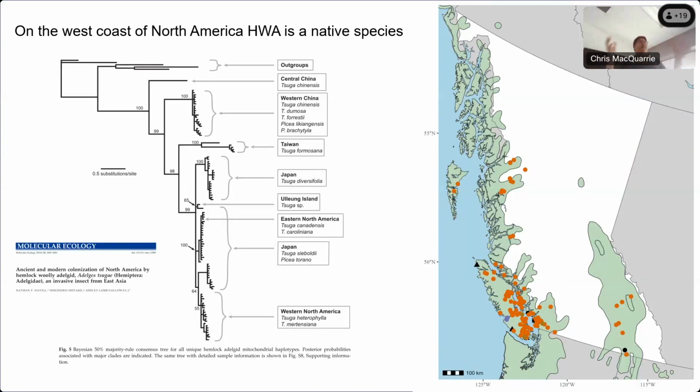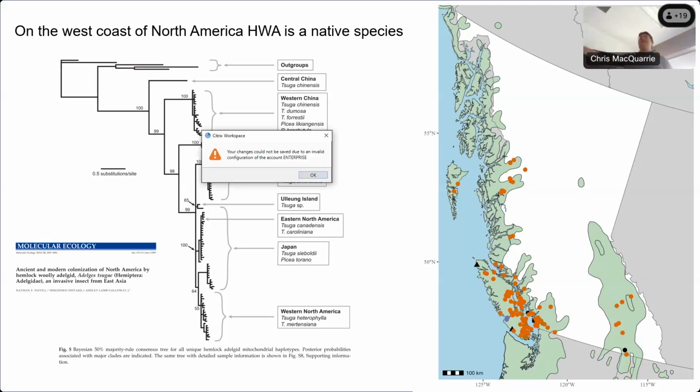There was a land bridge, climate was warmer, and hemlock spread across that whole Pacific rim. And during that time, hemlock woolly adelgid spread from Asia to North America. Climate changes, the land bridge disappears, hemlock disappears, but you have this remnant hemlock, and you have remnant hemlock woolly adelgid populations on the west coast.